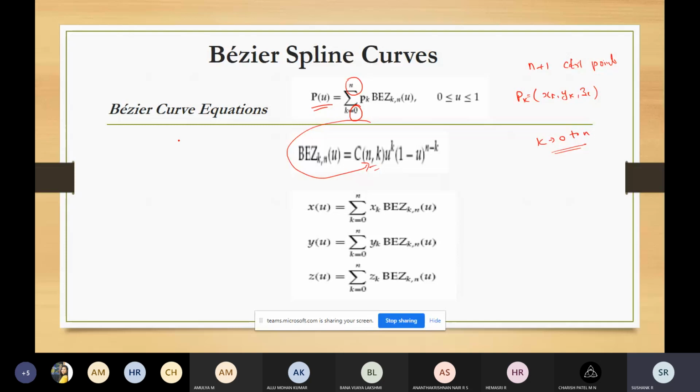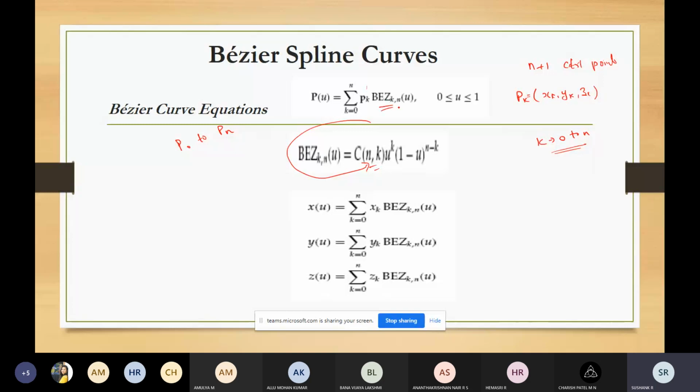We know that P of U is given by this formula, and we are able to get the path from P0 till Pn.